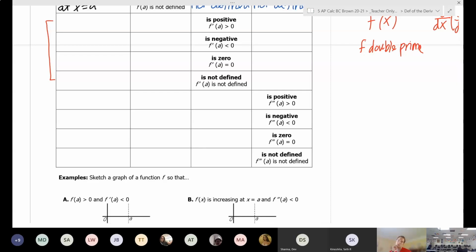What did we know the graph was doing if your first derivative was positive? Increasing. So in that second column, if f prime is positive, then f is increasing. So then we also remember if f prime is negative, then f is decreasing.